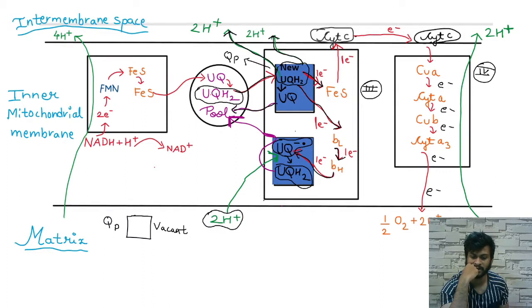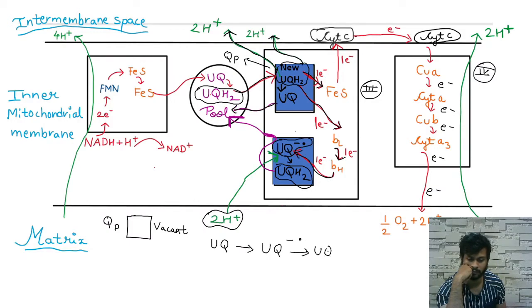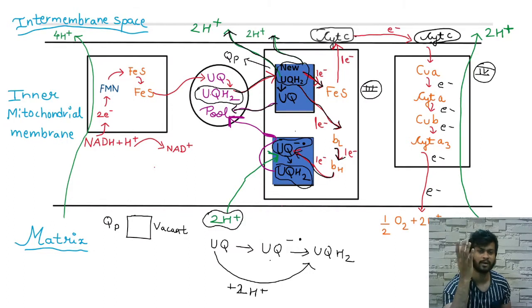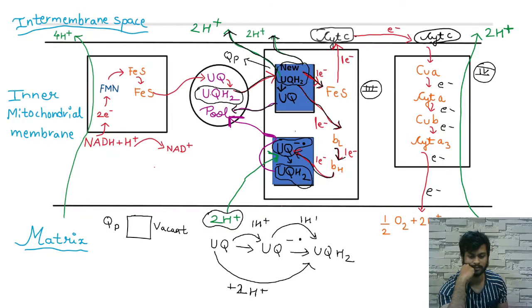So I have directly shown 2 over here. See, like this. Now you will understand it better. When UQ will accept 2 hydrogen atoms, it will get converted into UQH2. So for this we require 1 H plus, and for this we require 1 H plus.